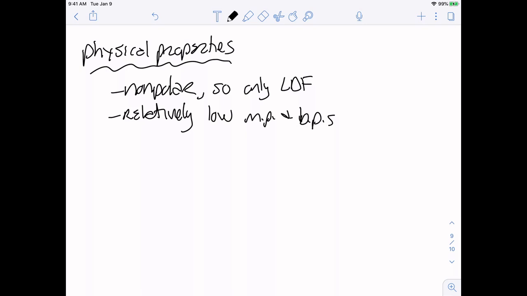Remember, the more atoms you have, the more electrons you have, the stronger London dispersion forces are. You have more electrons moving, so stronger London dispersion forces as something gets bigger. So as the number of carbons increase, the melting point and boiling points also get larger.